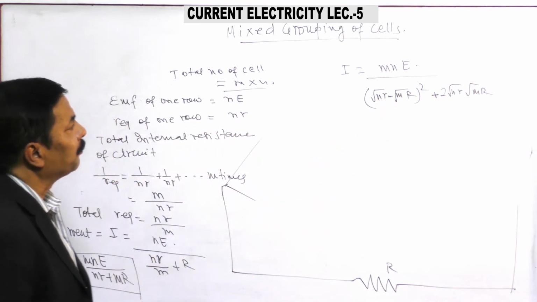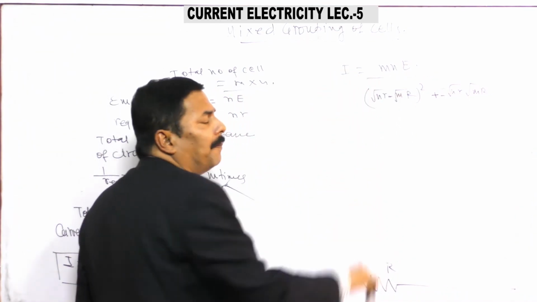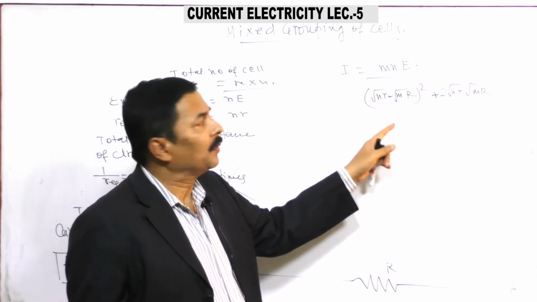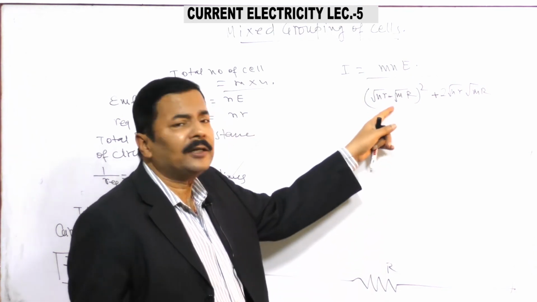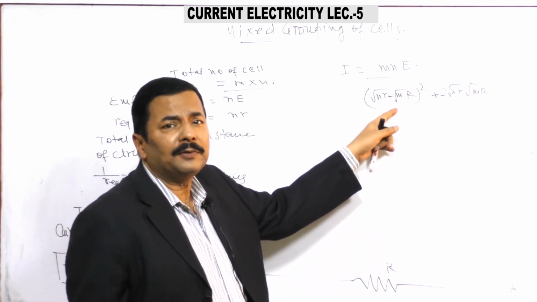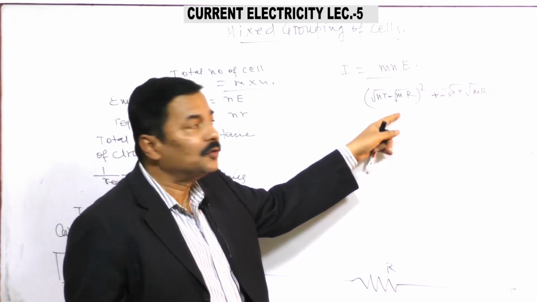Now you see, for I to become maximum, the denominator should be minimum. This square term is positive, so a square positive term has the minimum value 0.